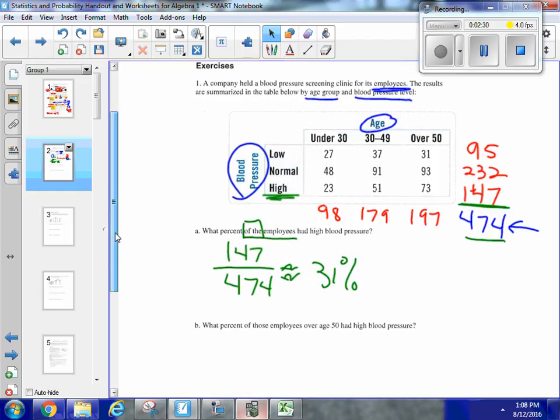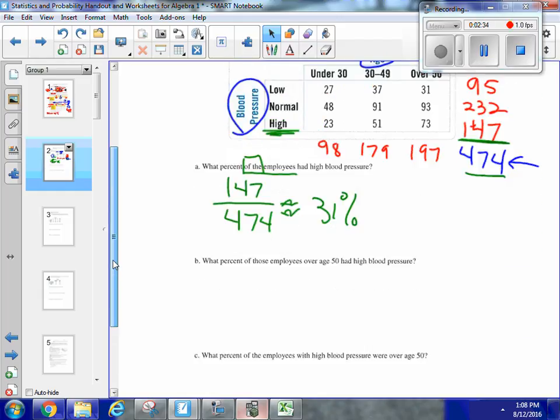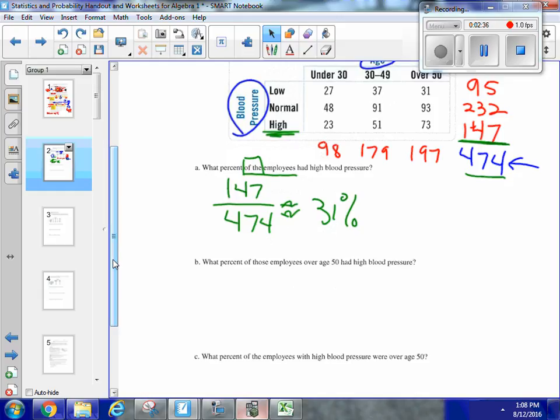Now the reason I wanted to do this problem together is because the next two questions are a little bit tricky. What percent of those employees over age 50 had high blood pressure? Well, what percent of those employees over age 50? So my denominator is going to be 197.